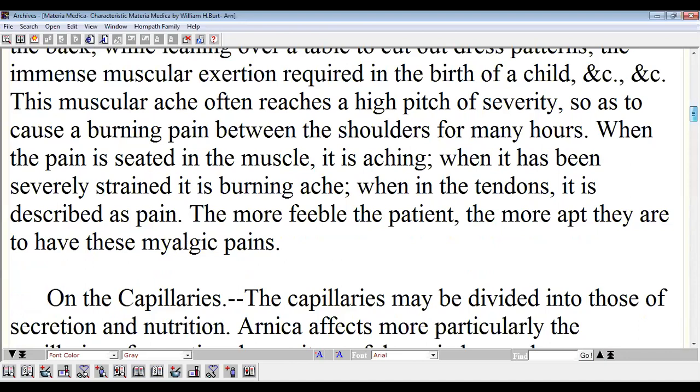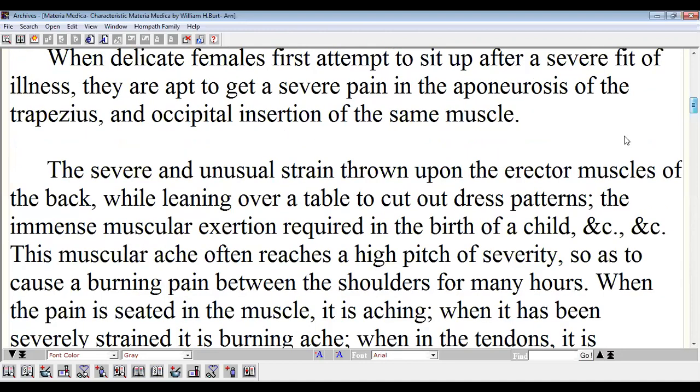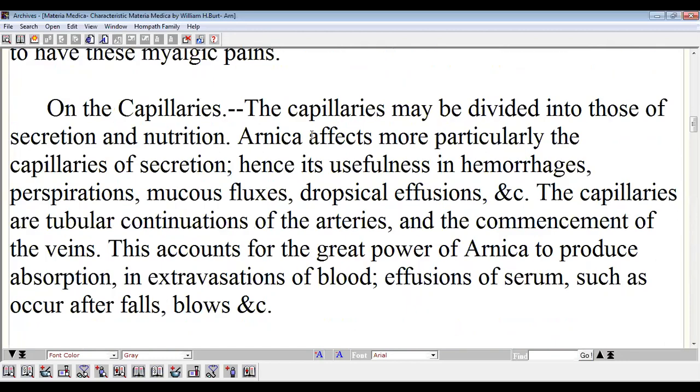Further details are also given: what exactly is the action of this arnica on the muscle. Then I will read the action of arnica montana on the capillaries. Arnica affects more particularly the capillaries of secretion.